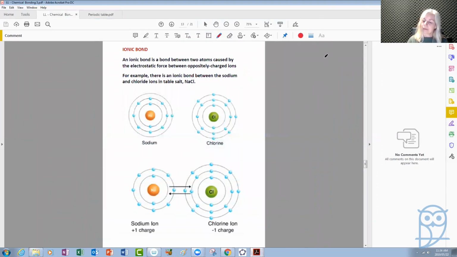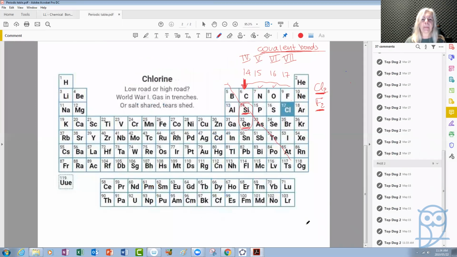But now let us continue with a third type of bond, which is the ionic bond. Now, the ionic bond is not a bond that characterizes how elements form. The ionic bond exists between metals and non-metals. In other words, if we see in the periodic table again, I shouldn't have taken it away.